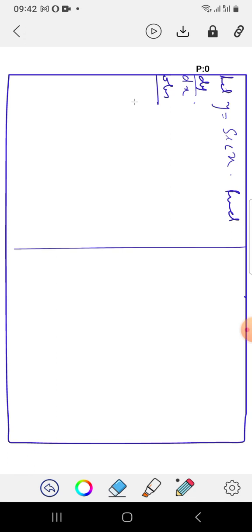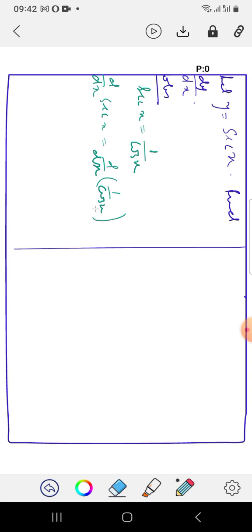So what is sec x? We know that sec x is actually 1 over cosine x. So we can now say d/dx of sec x is actually the same thing as finding d/dx of 1 over cos x.